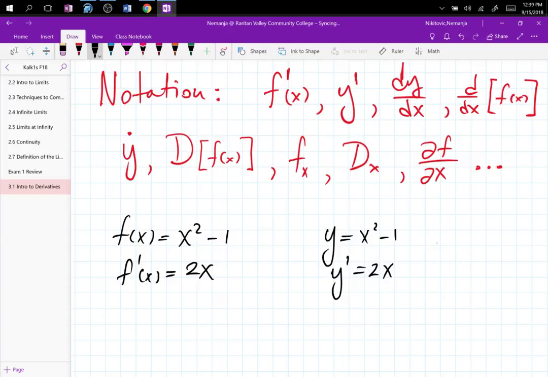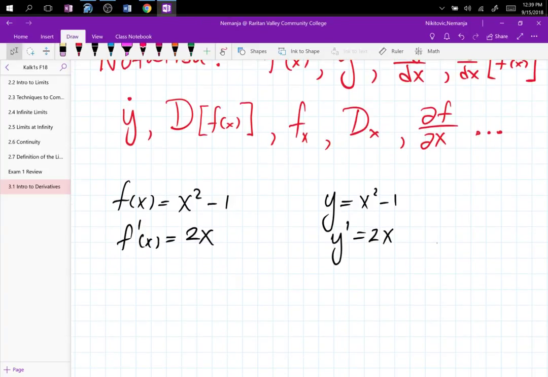Now, the power of Leibniz notation. My favorite. You can say, what is the derivative with respect to x of x squared minus 1? And the answer is 2x.